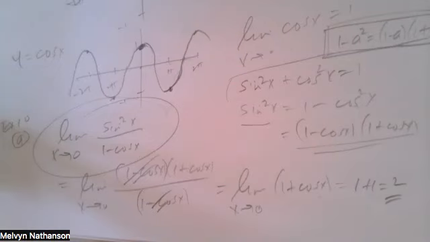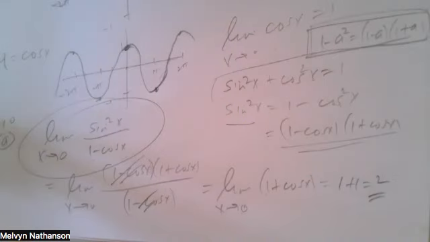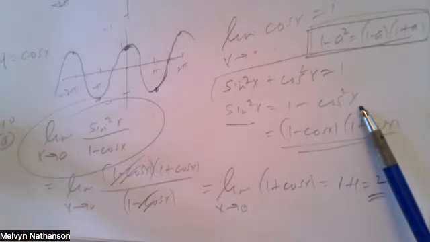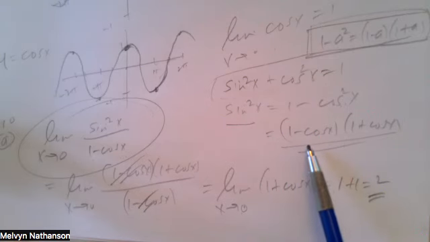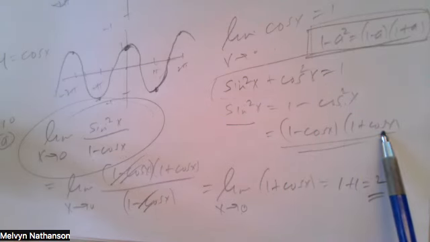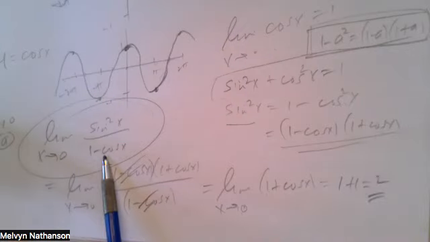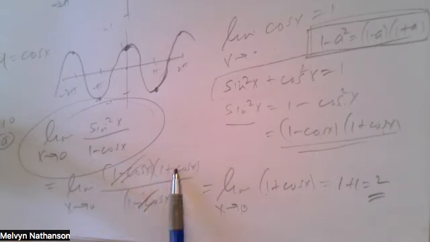So I would just pause for a minute and encourage you to look over this argument, and if you have a question about any of the steps, to ask me, okay? Sine squared is 1 minus cosine squared, which factors as 1 minus cosine x times 1 plus cosine x. You plug that into the limit we're trying to find, sine squared x, which is 1 minus cosine times 1 plus cosine, divided by 1 minus cosine.